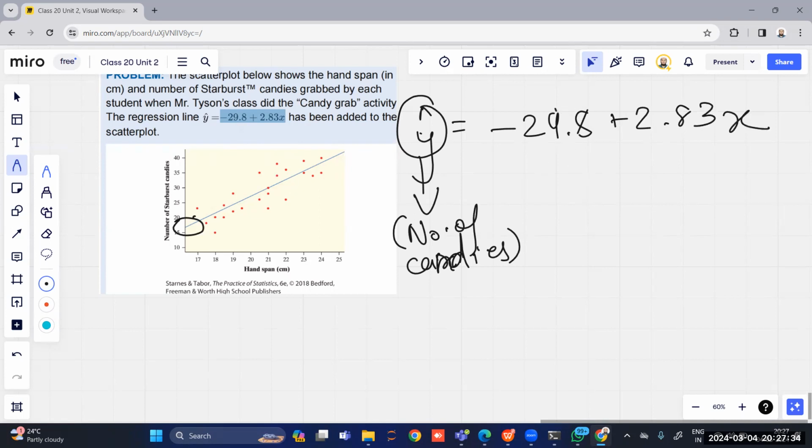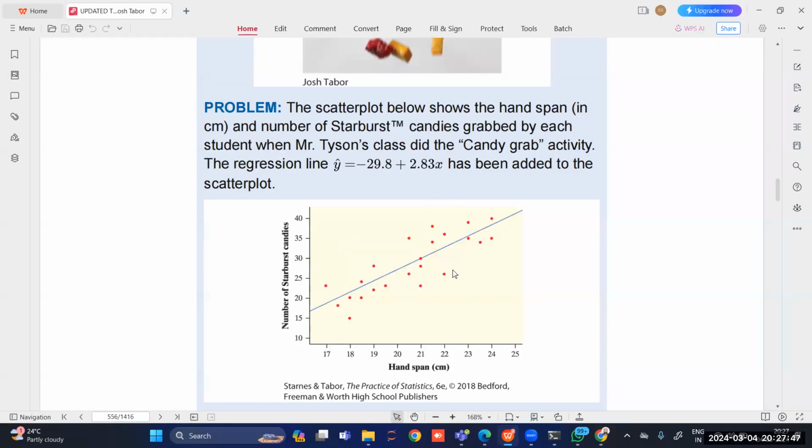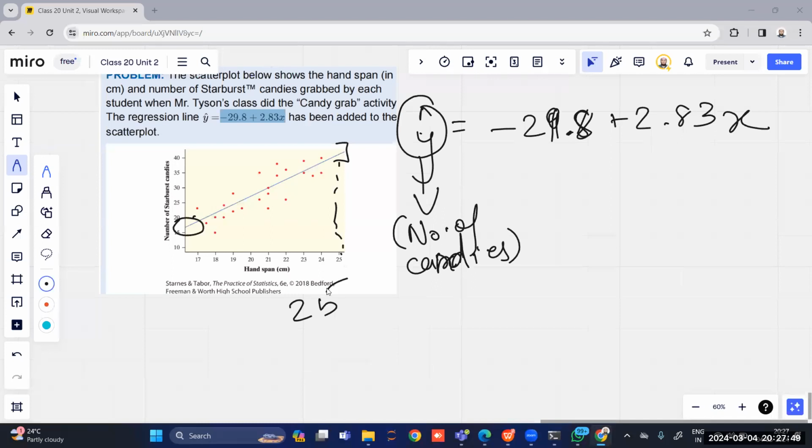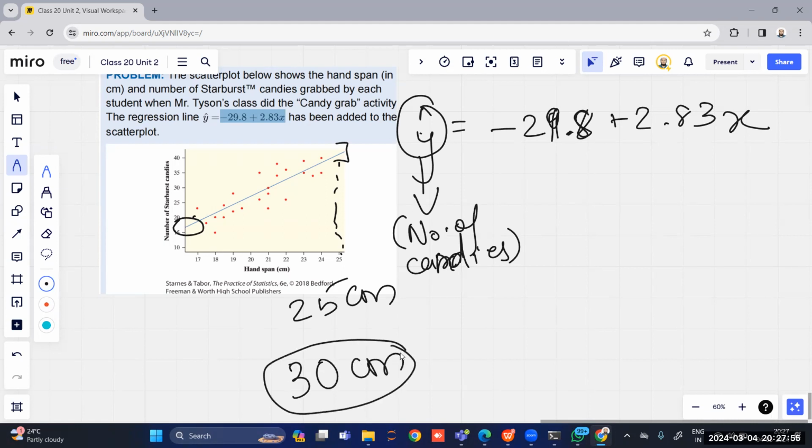Now the range of the hand span in the data was around 25 centimeters. Suppose I want to predict the number of candies in a 30 centimeter hand.